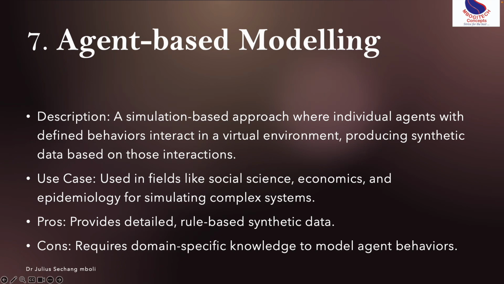Now, it requires domain-specific knowledge to model agent behaviors, and that is true because look at how many of you even know what epidemiology is, or even social science. If you are from a STEM background, always computer science, you will not understand some of these concepts from social science.